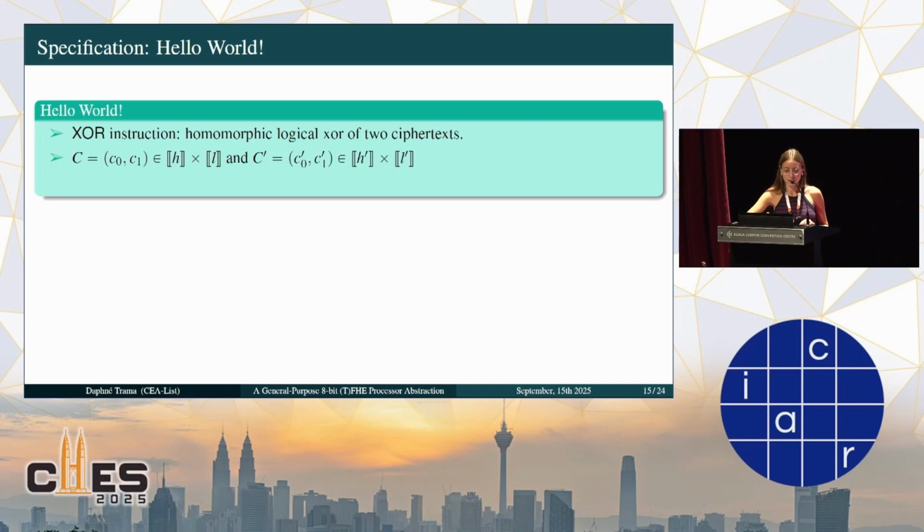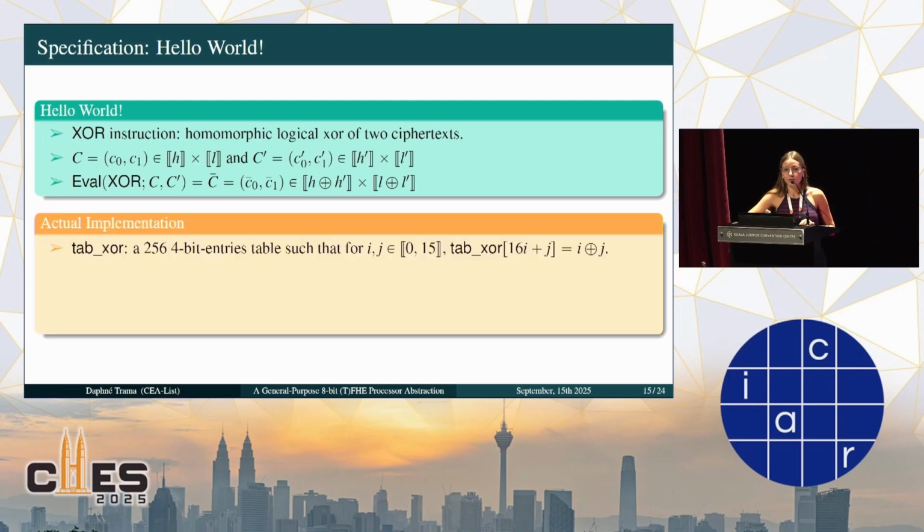So let's try to perform a simple operation, that is to say XOR of 2 8-bit ciphertexts that are C and C prime. That is to say we would like to obtain a third ciphertext whose encryptions are encryption of H XOR H prime and L XOR L prime. So the first thing to do is to create the lookup table that we will need during bootstrapping.